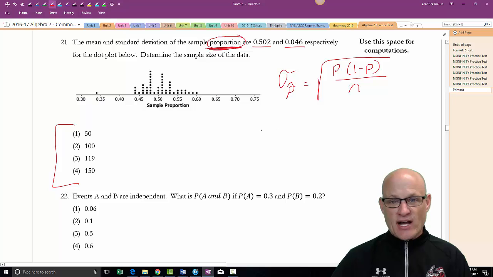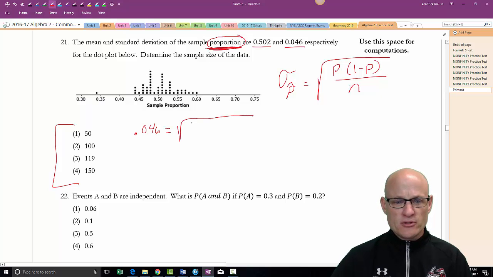So in this case, I want to get 0.046. I'm going to do it over here so it's away from my head. My sample standard deviation, 0.046, is equal to the square root of 0.502 times 1 minus 0.502 all over n.